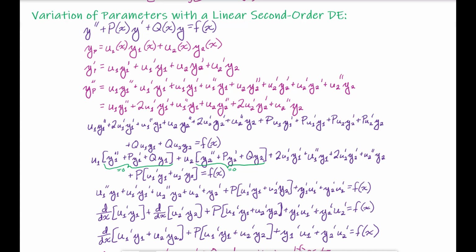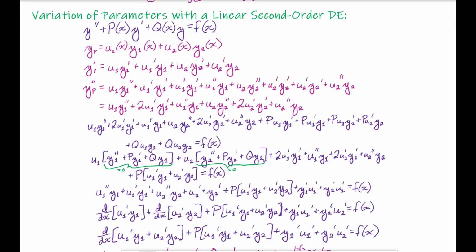So what I'm left with is two copies of u1 prime y1 prime, plus u1 double prime y1, plus two copies of u2 prime y2 prime, plus u2 double prime y2, and plus p times the quantity u1 prime y1 plus u2 prime y2 is equal to f of x.